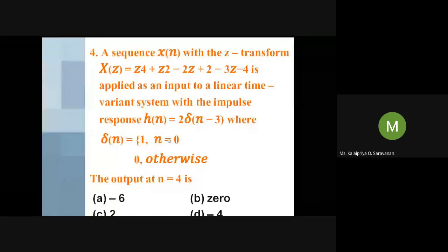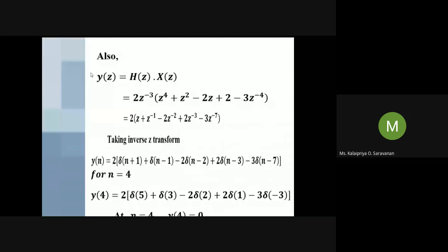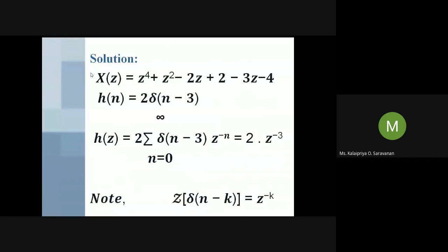So from the given question, we can understand that the Z transform of a particular x of n is given, and h of n, the impulse response, is given. They are asking you to find the output at n equal to 4. So now look here.